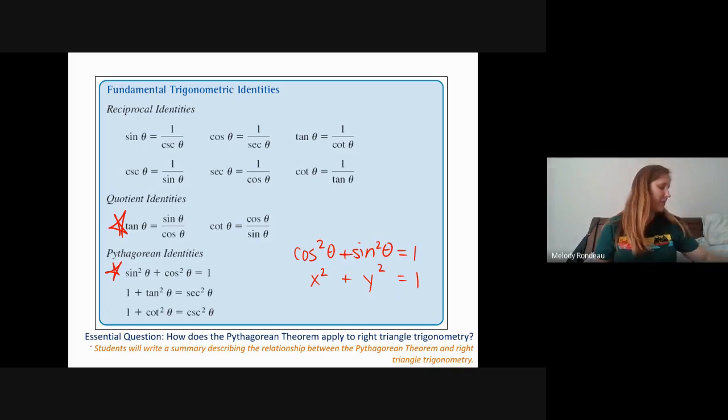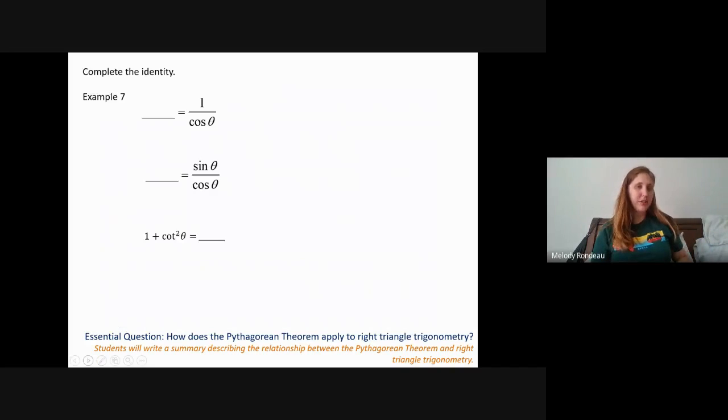All right, then we should be flipping the page to page 261. And we are going to complete the identity with all of our awesome knowledge. So we have 1 over cosine. That should go with secant, because secant and cosine are reciprocals. Then we have sine over cosine. That's one of those ones I said is really important.